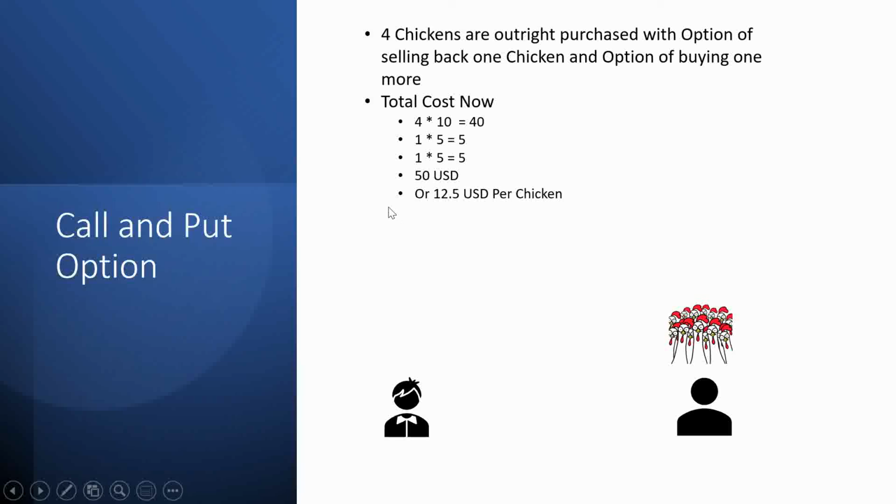Now again, as I said, this is not a realistic scenario because you wouldn't be buying a call and put for the same thing on the same day. It doesn't make any sense. But again, this is just to give an idea of how they are used. So hopefully this should make calls and puts very clear.